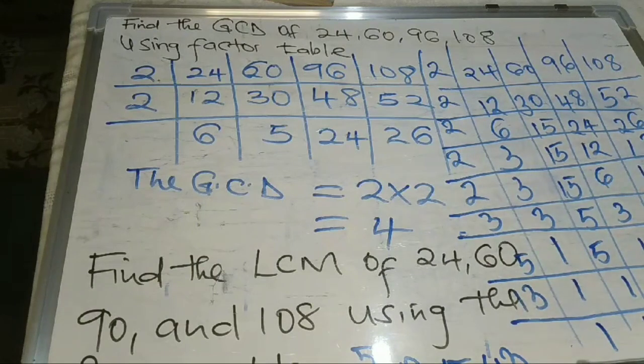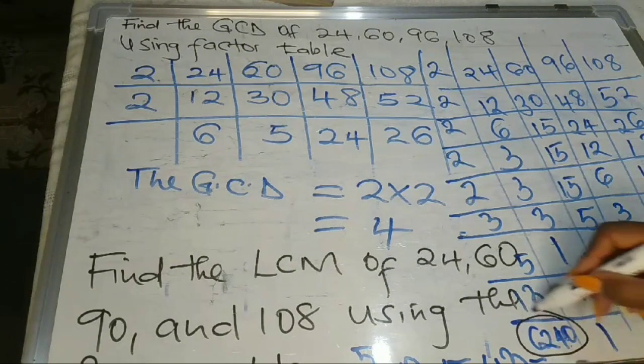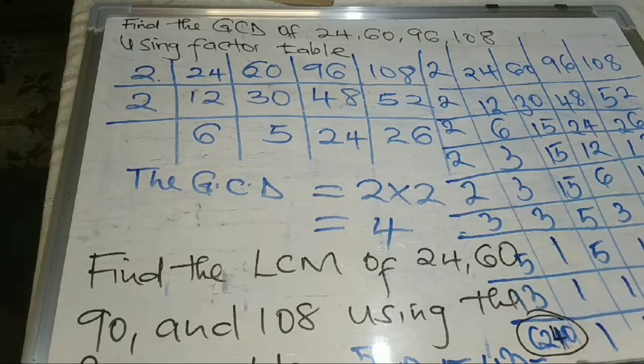So our lowest common multiple here is 6240. That is our LCM for those 4 numbers. So that is how the factor method works. I hope those 2 examples have given you an idea of how to do it. Let's now move on to the next method, which we call prime factorization.